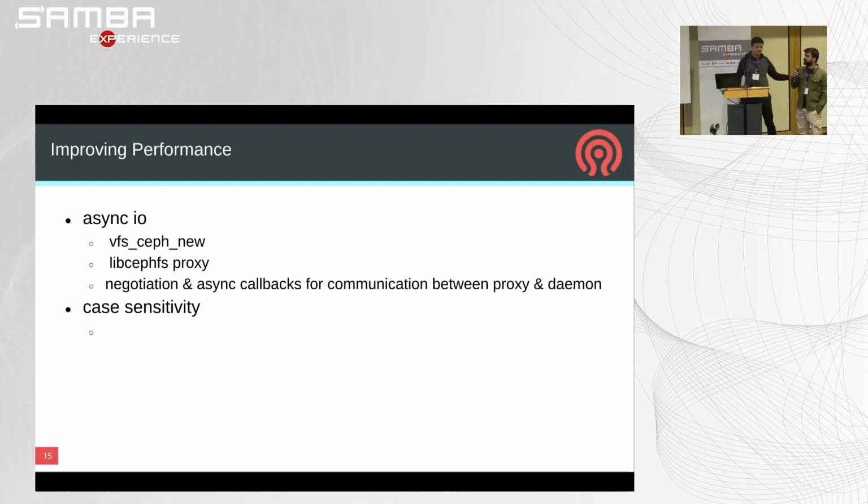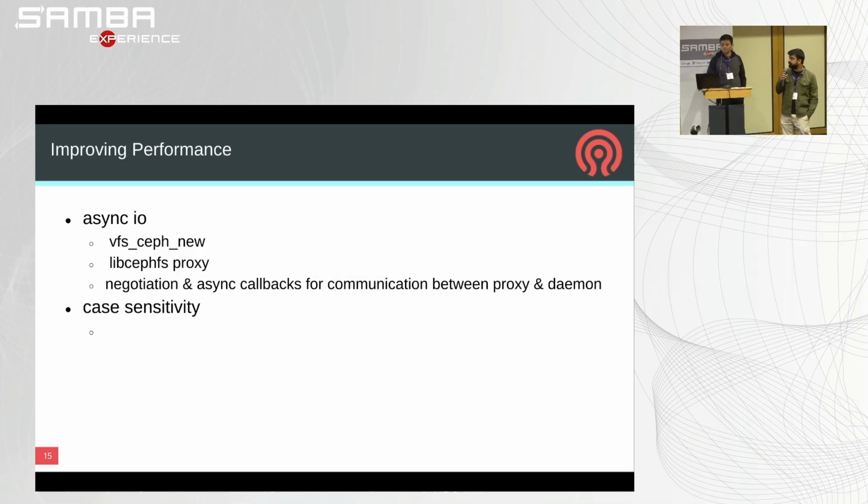Yep. So I think so far we did see how the proxy works, and we did see there is a trade-off between scaling and performance. But yeah, we do need to improve performance a bit for the proxy. So there has already been some work added on the VFS Ceph new module with the CephFS async IO support.